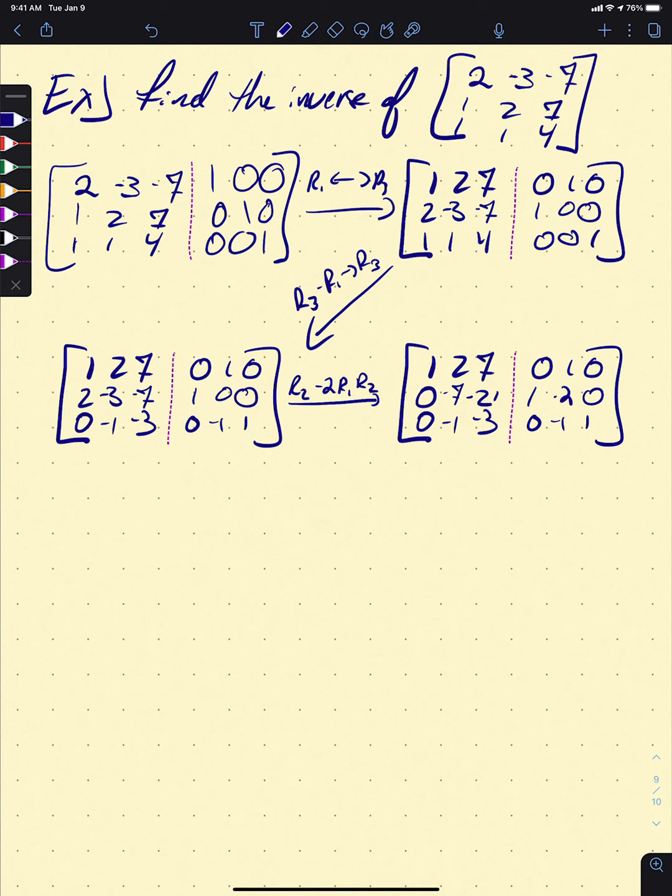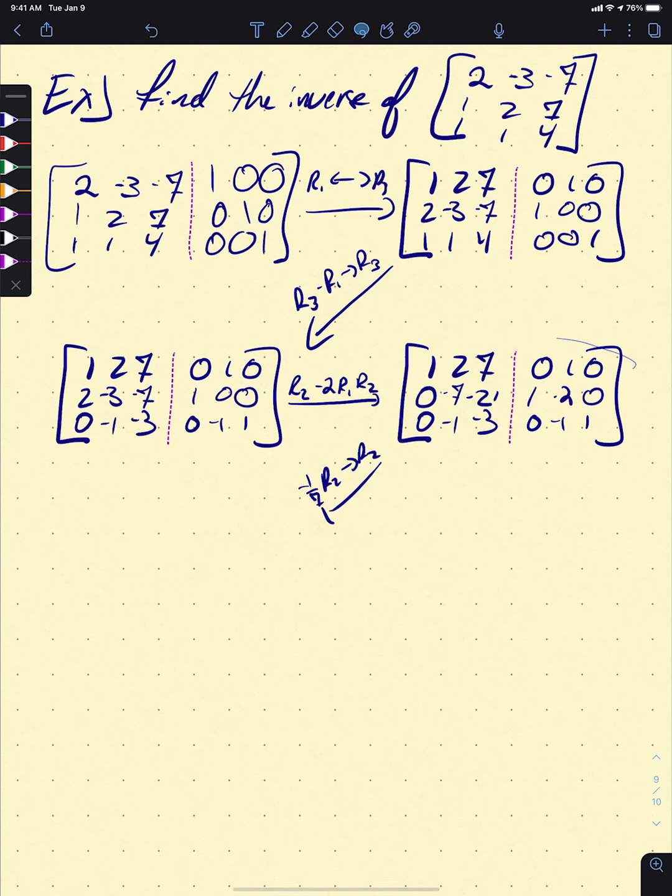And you may already start to see a little bit of a problem here, but let's just keep moving and seeing what we get. Well, we're going to want to turn this guy into a 1, and this negative 7 isn't really going to help us clear a 2 or a negative 1, right? So let's take row 2 and multiply it by negative 1/7.